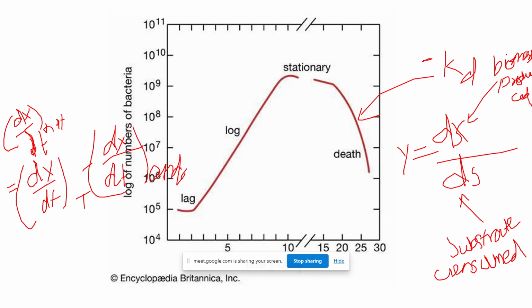Is it clear up to this step? Yes, ma'am. Your net growth rate will be equal to your total growth rate minus the endogenous growth rate, because the total growth rate is the total amount of cells produced.